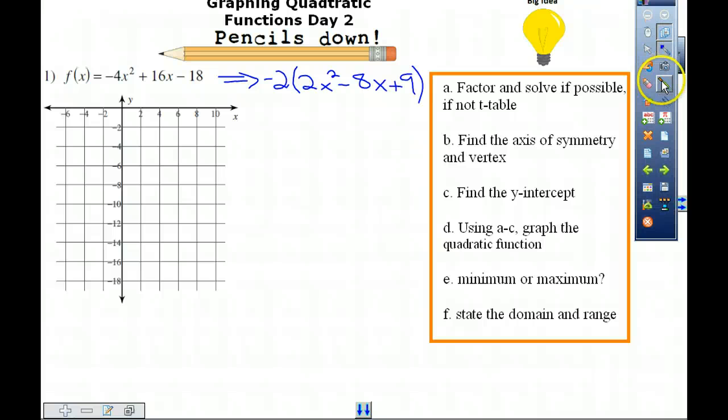So from here, there's A, here's C, and here is B, negative A. So what two numbers multiply to 2 times 9, 18, and add to negative 8?